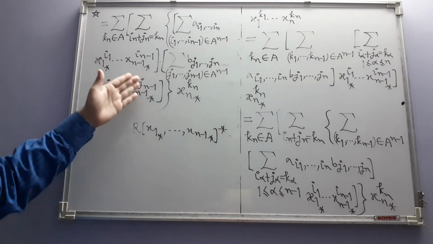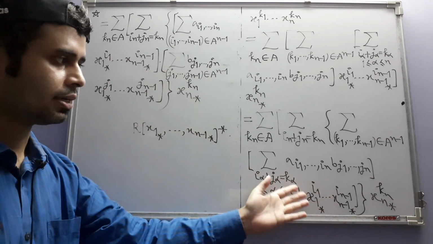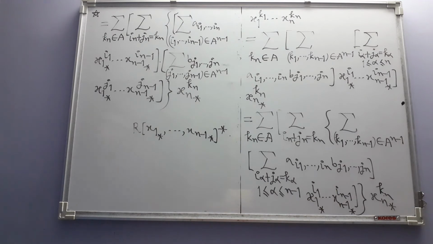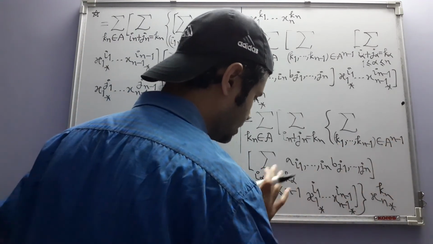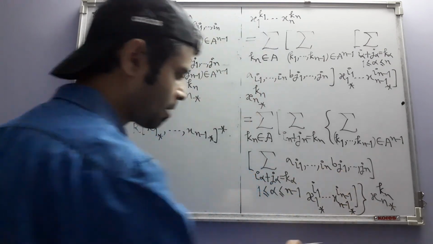Okay, so if you do that, you will directly get, in fact, that is the formula, that you get this and the coefficients are this and the variable part is this.